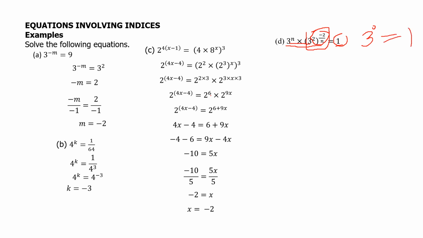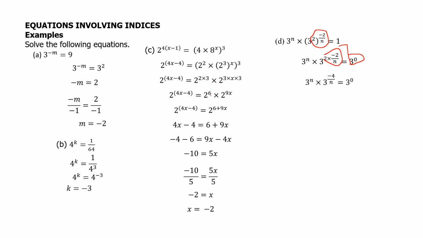Therefore, we shall be substituting this 1 as 3 power 0 right there. When we open these brackets, the 2 is going to multiply the negative 2 power n, then the 1 I've said we are going to substitute as that. Then we get the result of this as negative 4 divided by n.